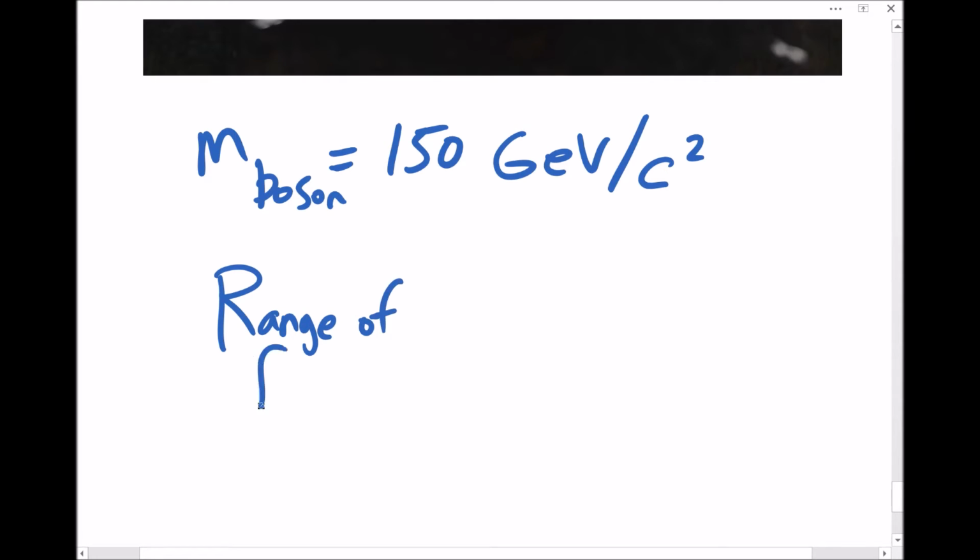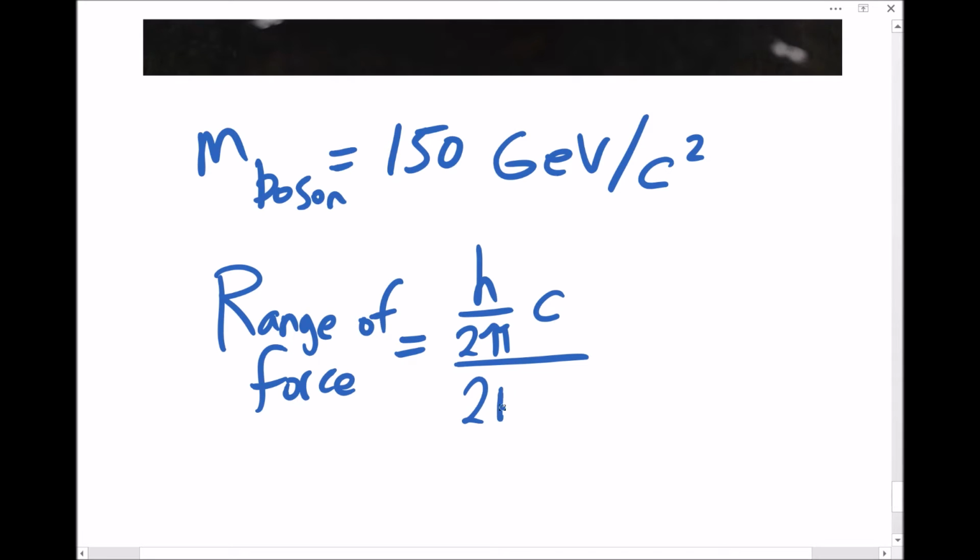Range of the force is equal to Planck's constant divided by 2 pi times the speed of light, all divided by 2 times the mass of the boson times the speed of light squared.